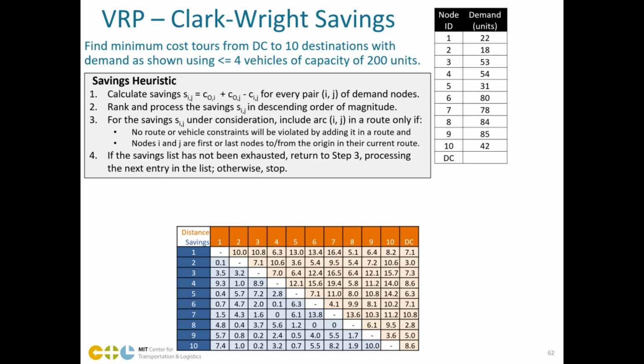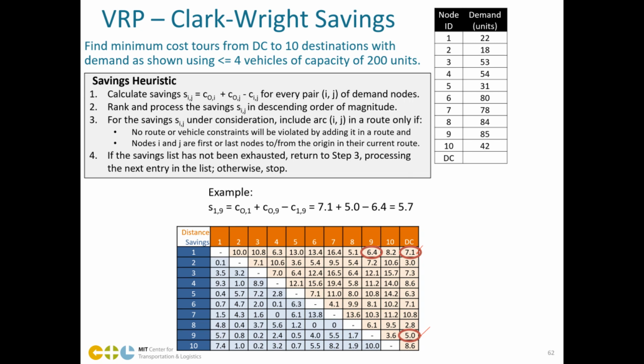So how am I calculating the savings? Well, let's pick one. Let's pick node 1 and node 9. What is the savings if I join those together? Well, using our savings equation, it's the cost from origin to 1, that's 7.1, plus the origin to 9, that's 5, minus the distance of 1 to 9, that's 6.4.